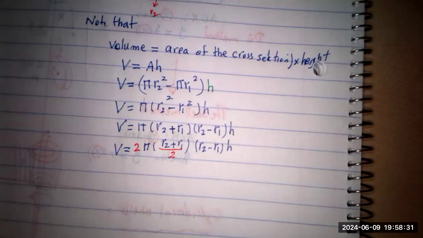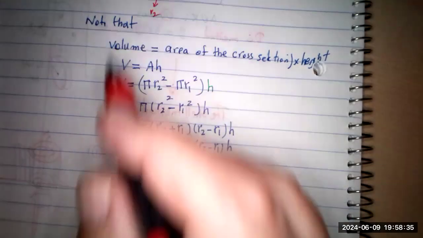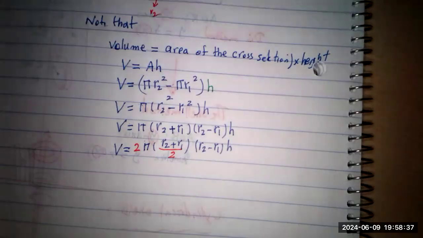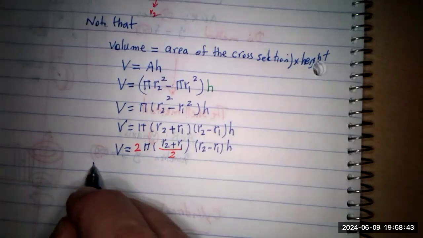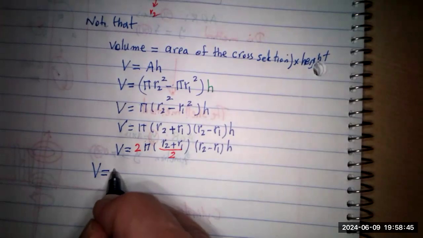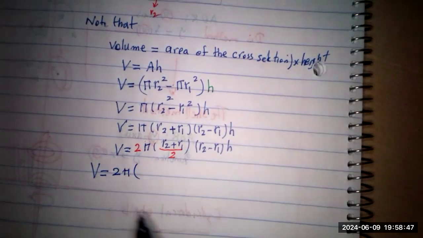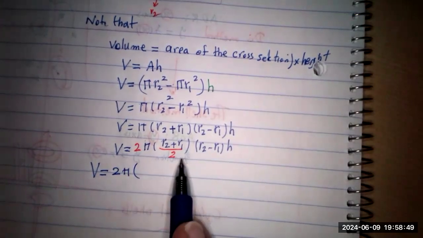So the volume is going to be what? So the volume of the cylindrical shell, the format that we would like to use, is this. The volume is going to be 2 pi times this, which is going to be the average.